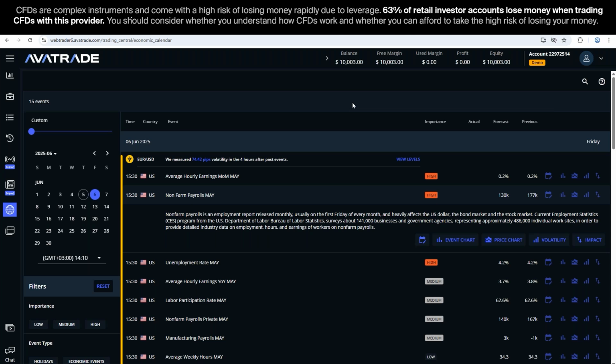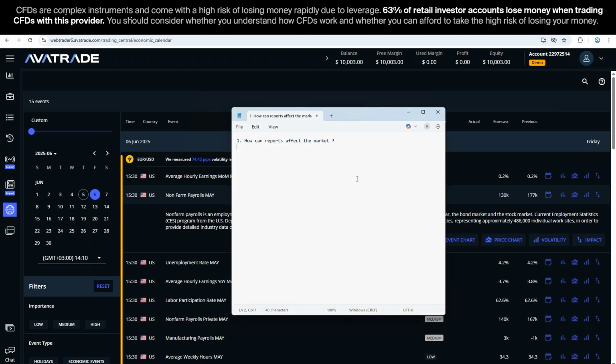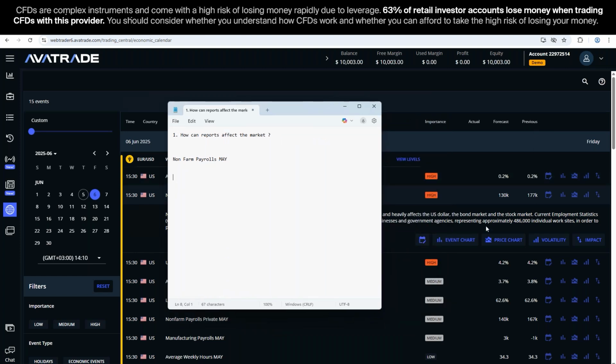And if the actual comes higher than that, okay, let's write down the scenarios just quickly here. So we are focusing on the non-farm payroll May, and we are looking at the parameters in here. We've got the previous, the forecast, and the actual.